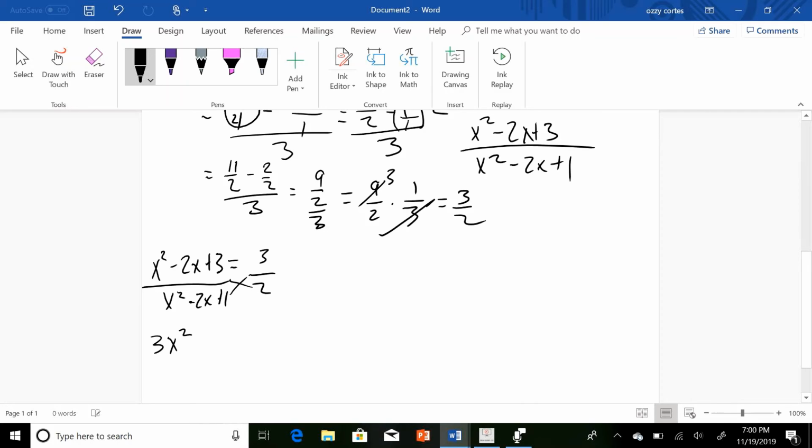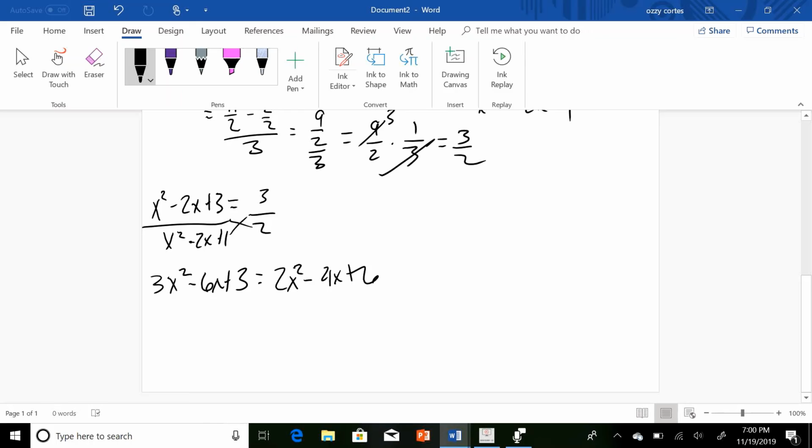So we get 3x squared minus 6x plus 3 is equal to 2x squared minus 4x plus 6. Basically here when you multiply, you're going to have to end up distributing this 3 to every single term and this 2 to every single term.